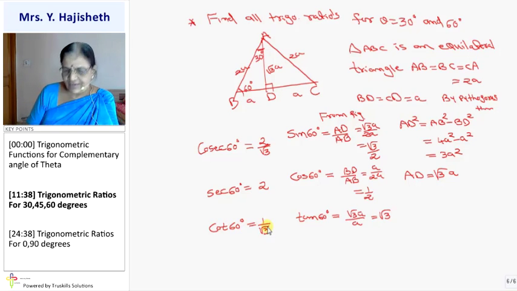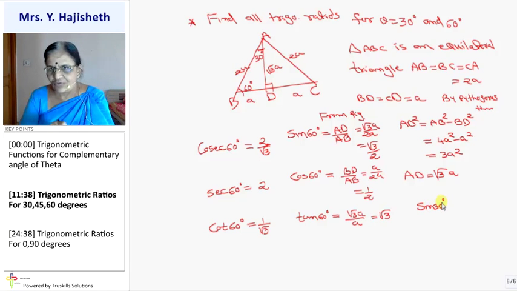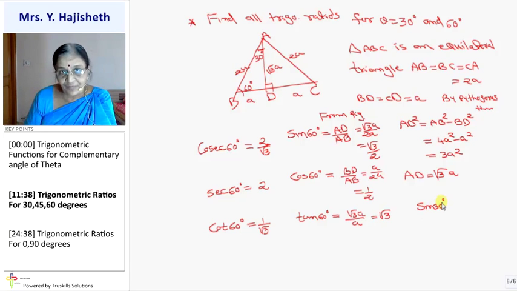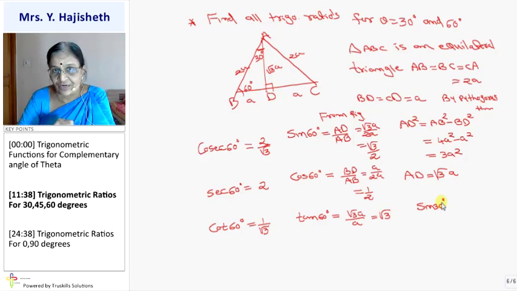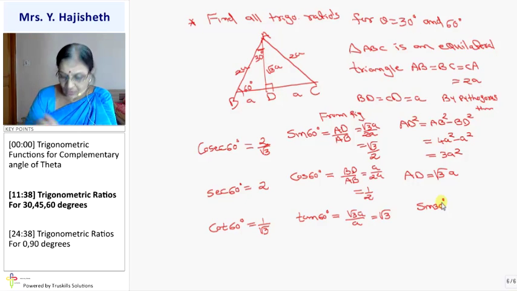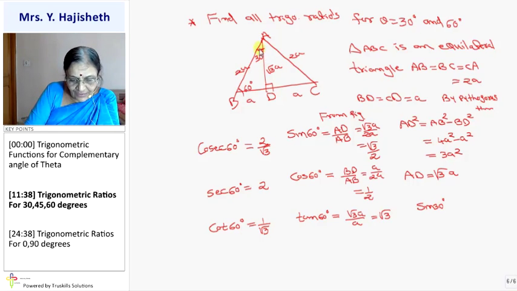Now for 30 degree. What is my sine 30 degree? Tell me. From complementary we know sine 30 is cos of 60. So sine 30 is 1/2. By using that complementary relation also we can find out. But from figure also we can find out. Sin 30 is 30 degree का opposite side is BD. BD upon AB.